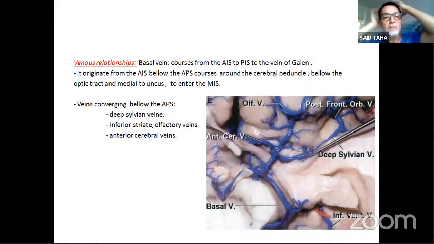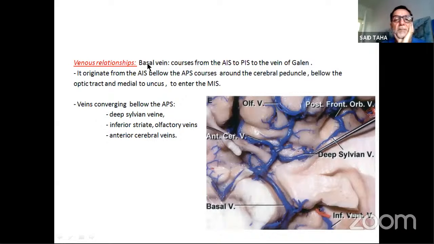For the venous relationships, the basal vein is the important vein of drainage, and courses from the anterior to the posterior incisural space to the vein of Galen.